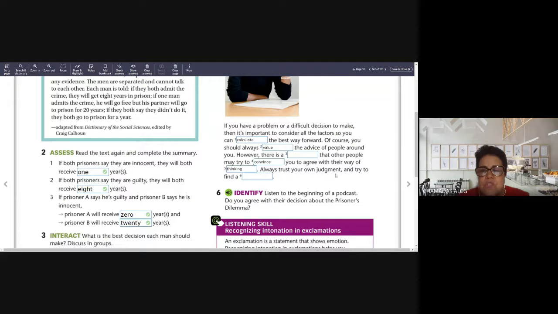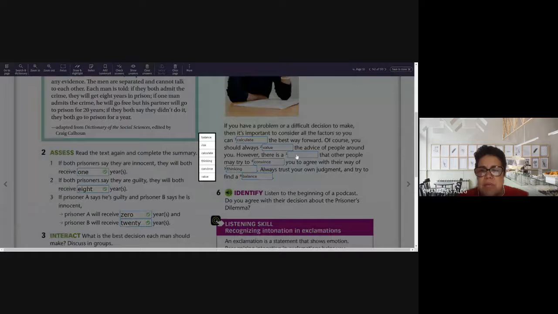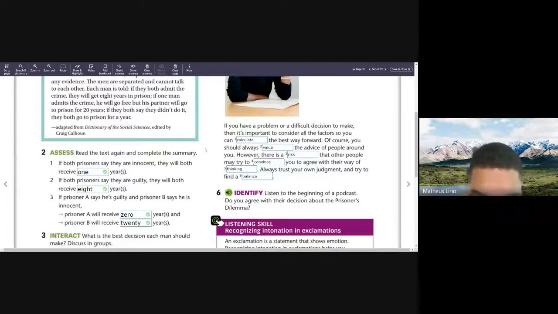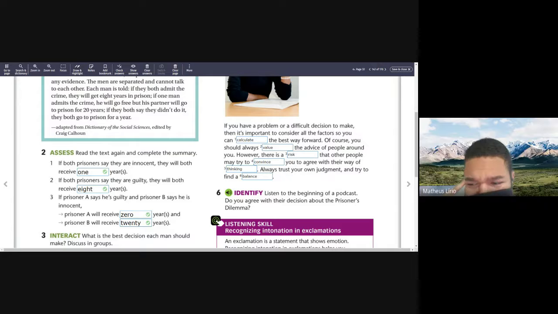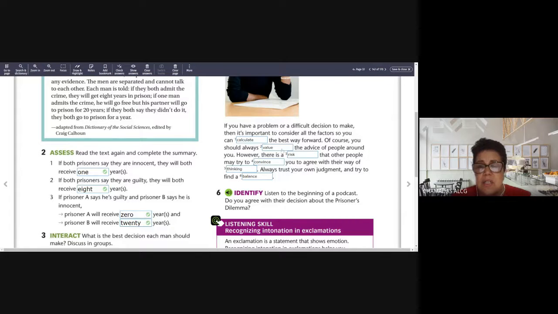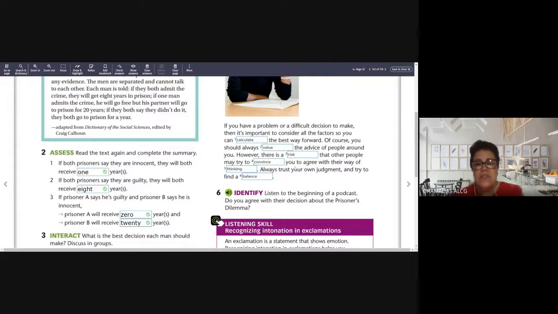Always trust your own judgment and try to find a balance. So number 3 would be, yes, there is a risk. Look, you should always value the advice of people around you. However, there is a risk that other people may try to convince you to agree with their way of thinking.